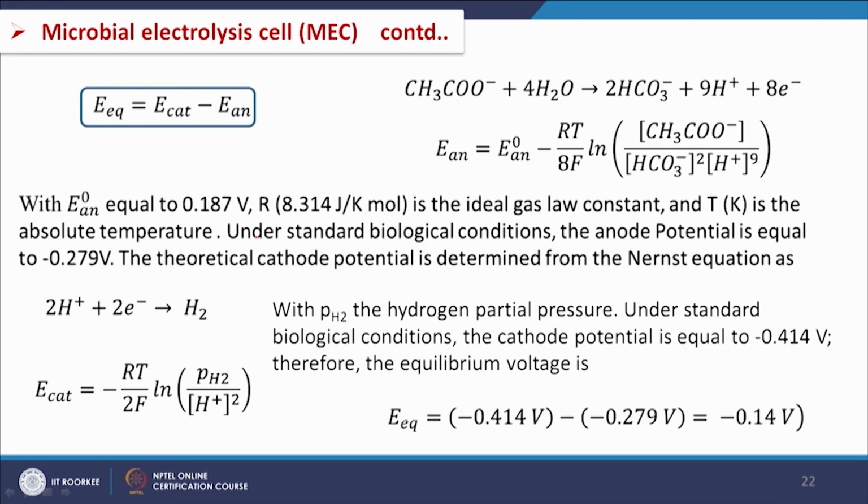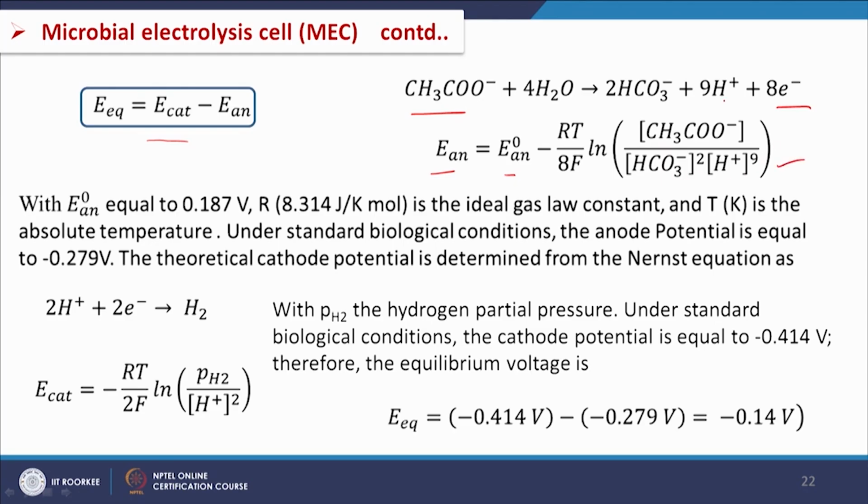Now, the equivalent voltage, E equivalent, is equal to E cathode minus E anode, that is, cathodic voltage minus anodic voltage. In case of the anode, this is the reaction. So, E anode is equal to E0 anode minus RT by 8F ln of CH3COO minus by HCO3 minus square into H plus to the power 9.